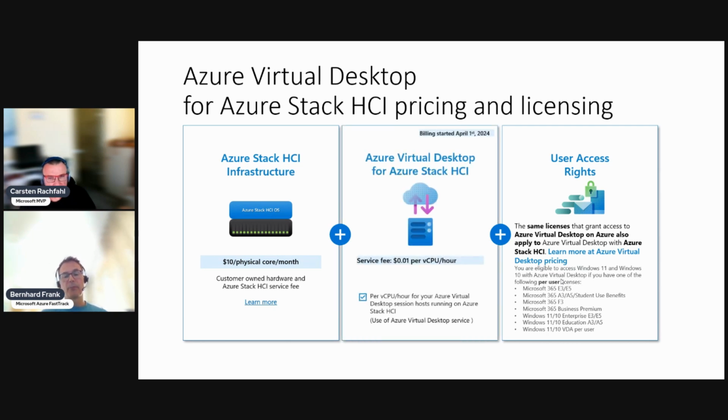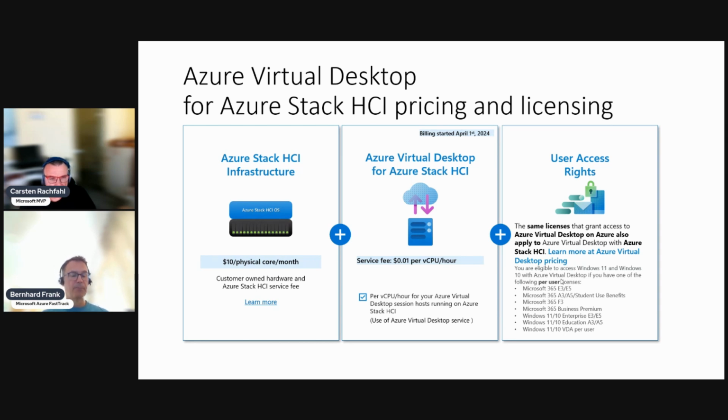And then, especially for Azure Virtual Desktop workloads, we charge an extra thing, which is the service fee, with $1 per virtual CPU per hour.